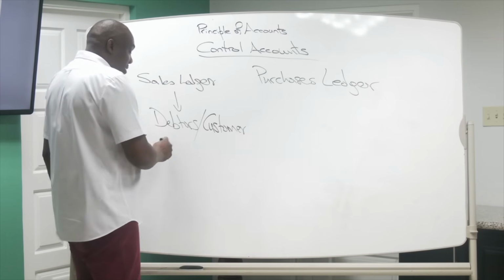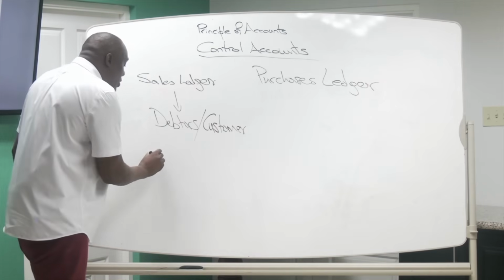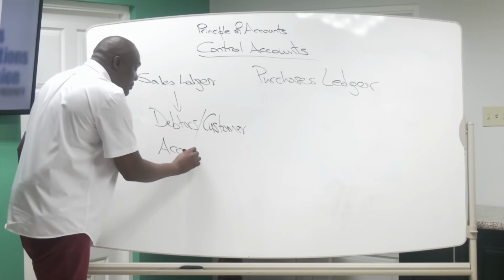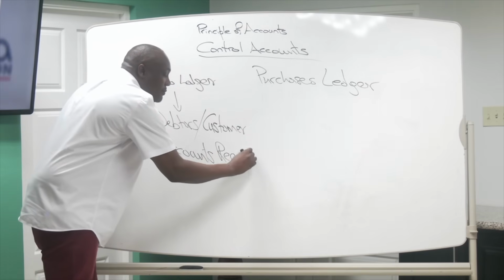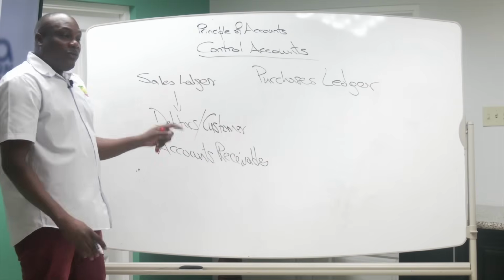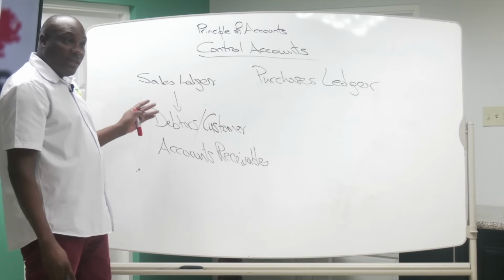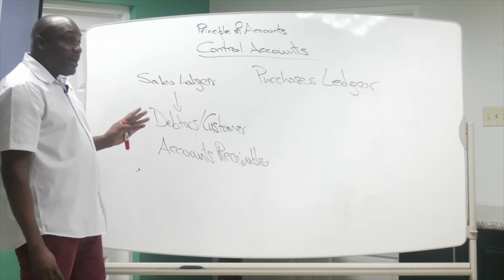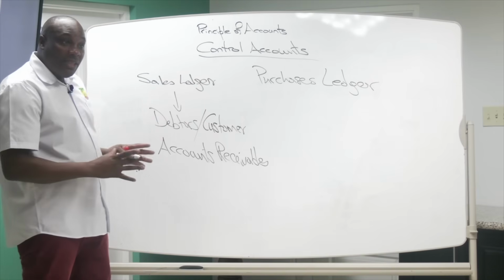Or the one that CXC is now getting more accustomed to is your accounts receivables. So it's very important, students, that you know the name association for debtors. All right. Why? CXC have a habit of interchanging these names.